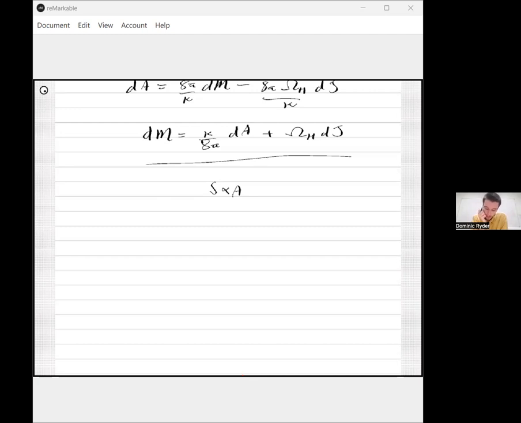I keep hearing you saying generalized entropy. You're asking about the generalized second law. When we draw the analogy between the laws of black hole mechanics and the laws of thermodynamics and develop black hole thermodynamics, there's going to be a dS in this term. That is going to be the entropy of the black hole.